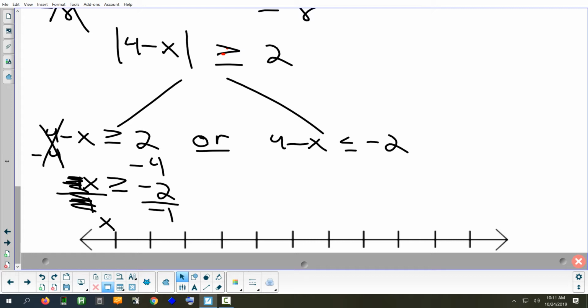Switch the sign. Why? Because you're dividing by a negative. Yep, because I divided by a negative. So I get x is less than or equal to, what's -2 divided by -1? 2. So it is basically like the negative just canceled from each side. As long as you end up with that, that's fine. Yep, x is less than or equal to 2.